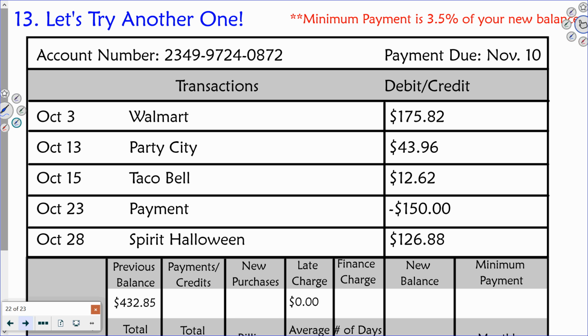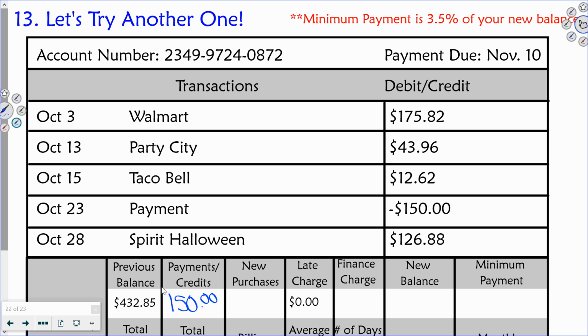So on this first one, what's the first thing I find? Payments and credits. Did you have any payments? Now, what if there was more than one payment? What would you do? You'd add them together. But in this case, I just have the one, so 150. All right, what do I find next? New purchases. So how do I find that? Add them all up.